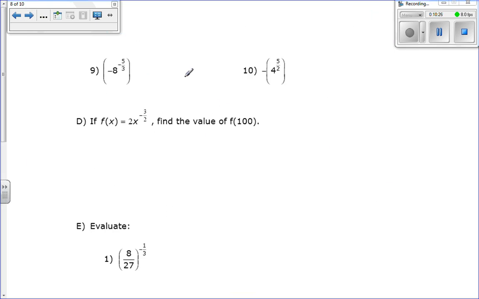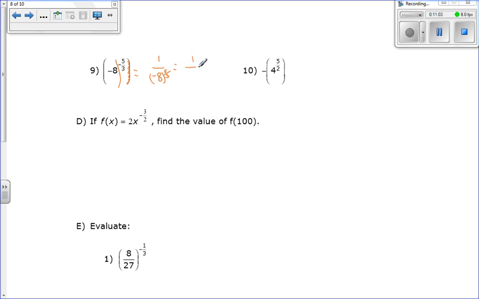Okay. Number 9, my parentheses should actually be here, not there. My fault. So I need to take the cube root of -8 and raise it to the -5th power, or let's rewrite that with a positive exponent. So it's 1 over -8 raised to the 5/3 power.